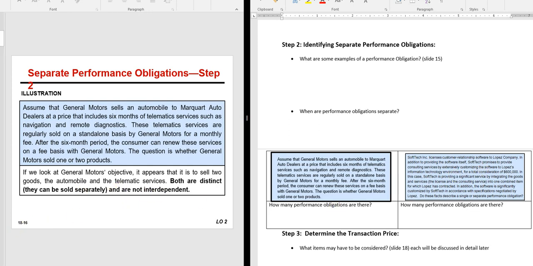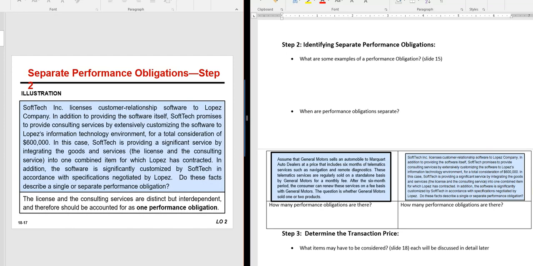However, if we go over here and read through this one, they have a license, a customer relationship software to Lopez Company. In addition to providing the software itself, they promise to provide consulting services by extensively customizing the software to Lopez information technology environment for a total consideration of $600,000. In this case, they're providing a significant service by integrating the goods and services, the license and the consulting service, into one combined item for which Lopez has contracted.